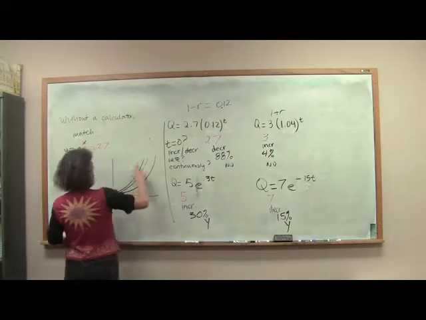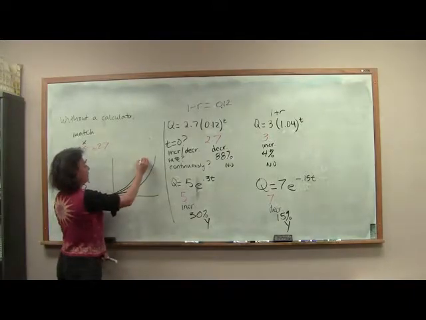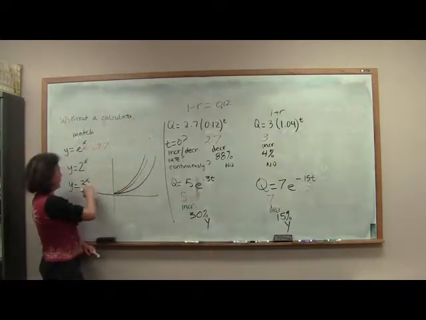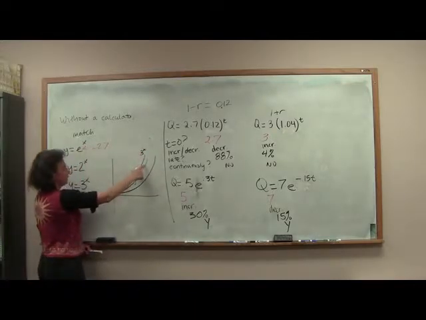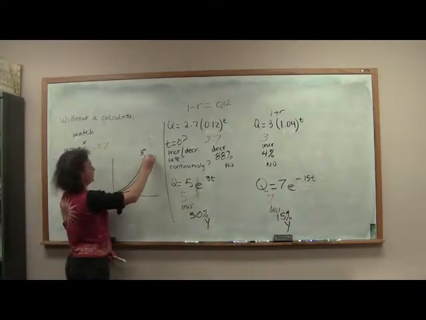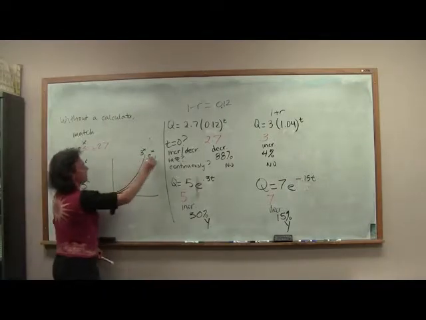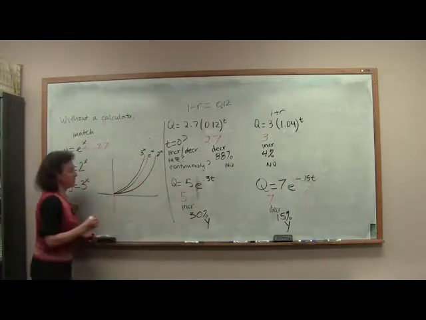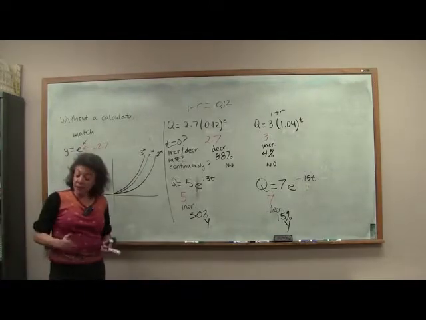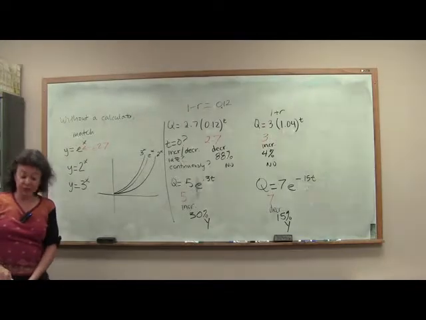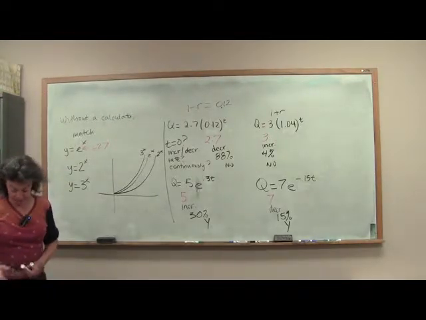So I claim this first one is growing the fastest. Therefore, who has the largest base? I claim it's got to be 3 to the x. This one's growing in the middle, so it's e to the x. And this one's growing the slowest, therefore it's 2 to the x. Again, what's really important to me is that you get the general gist of what's going on here.